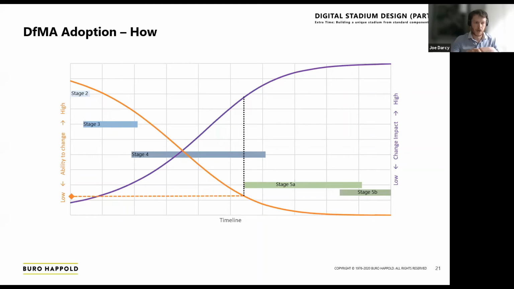So you can see that by having DFMA start its process towards the end of the design, any changes that might need to be incorporated due to using DFMA have a low ability to change, and anything that is then subsequently changed has a high impact on the project. And so it can be difficult for the adoption and use of DFMA to be embraced.